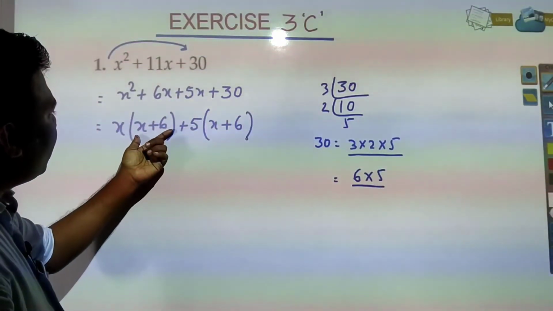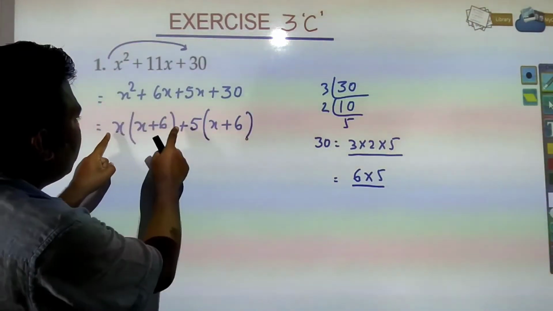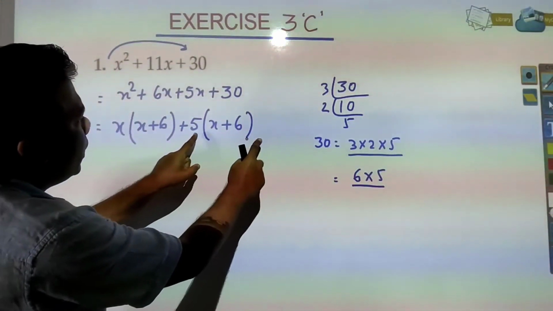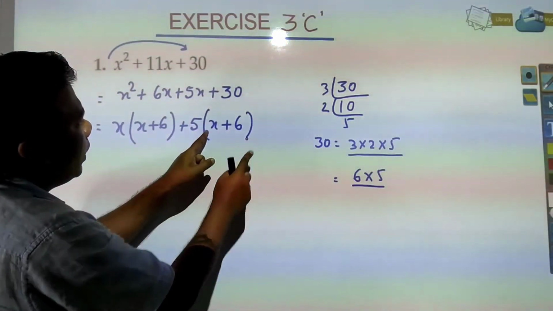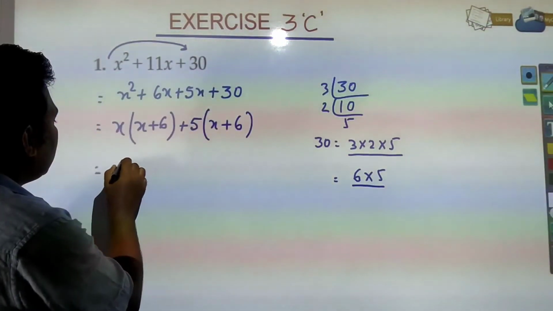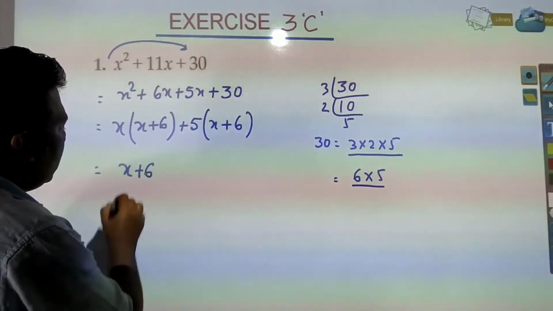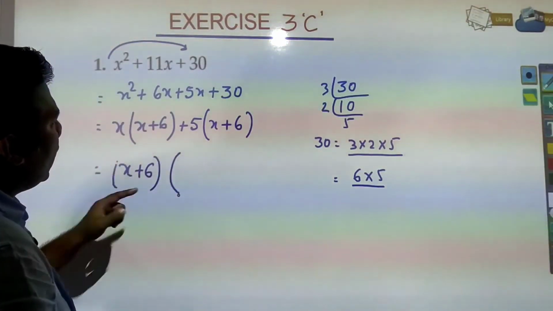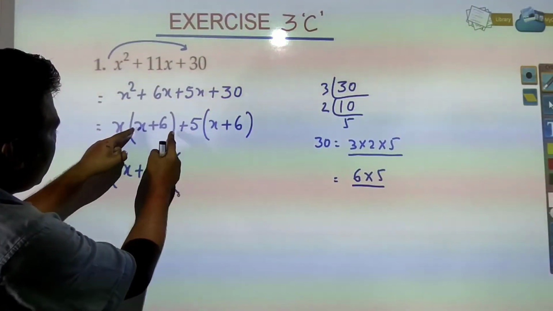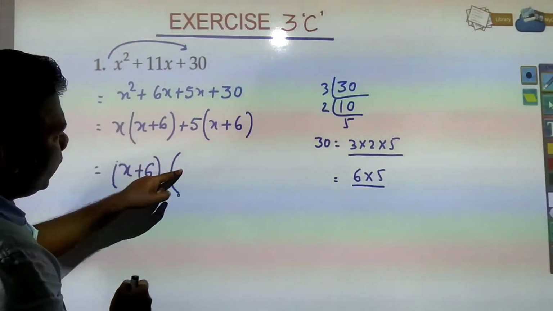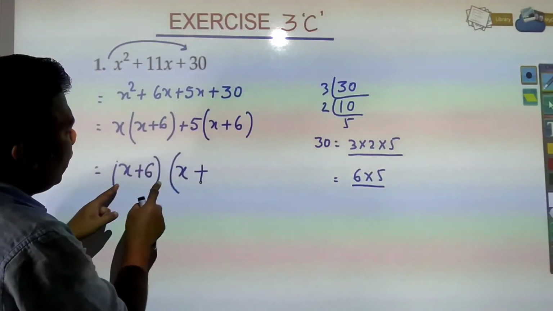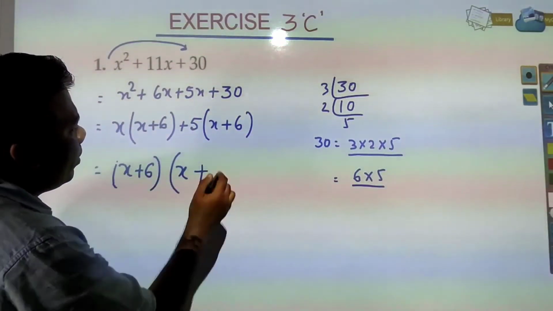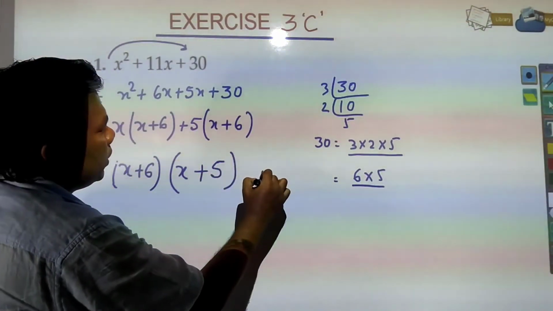Now you have x plus 6 in both terms. So you can take x plus 6 out common, and you will be left with x from the first term and 5 from the second term, and this is your answer.